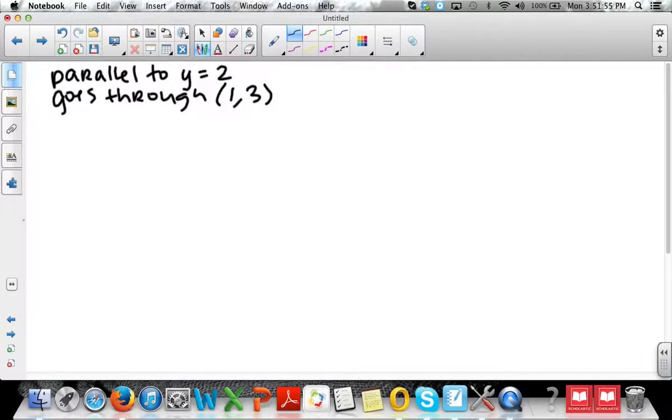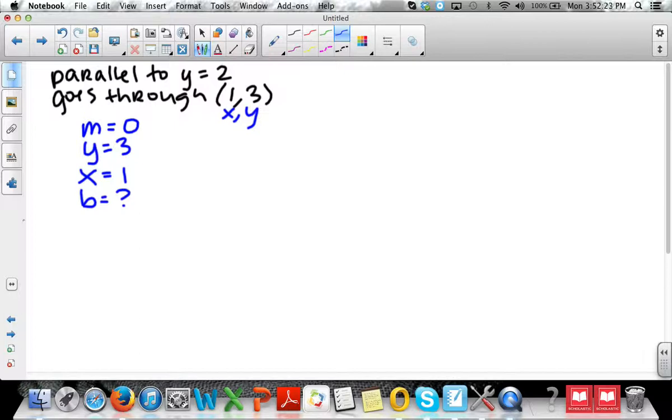Okay, now this one you can do the same way. M is 0 because there is no m in my equation up there. And I'm kind of going out of order here, sorry. Y is 3 because of my coordinate. X is 1, and I'll solve for b. So you can still do this one the same way, it just looks a little bit different.